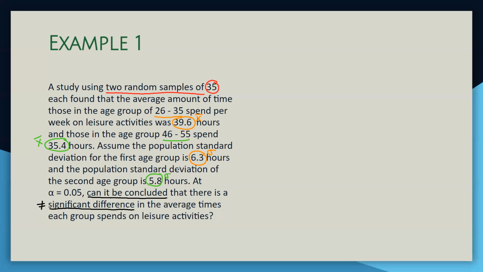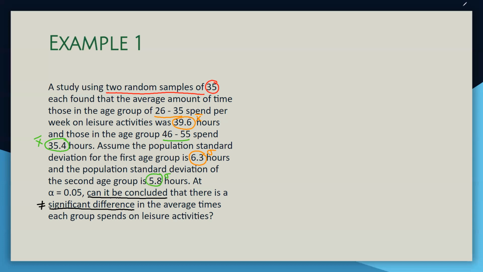You'll notice here for group 1, I'm using orange. For group 2, I'm using green. So color coding is going to be really helpful here. Not mandatory, but it might be helpful. But I'm also going to do something else here. I'm going to take that information and I'm going to make a table.